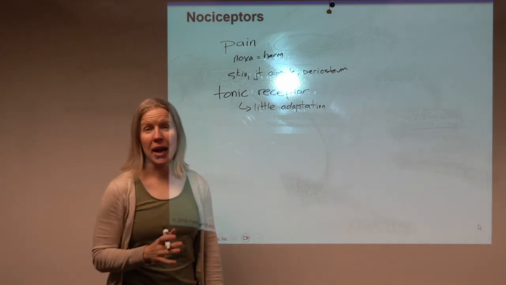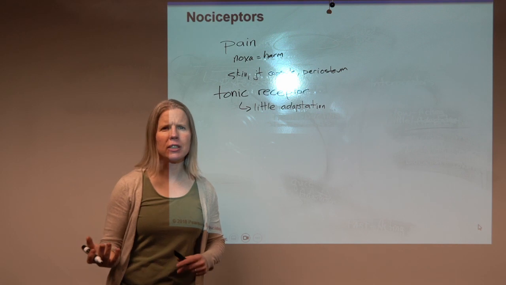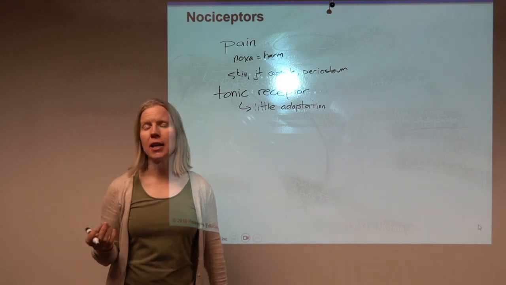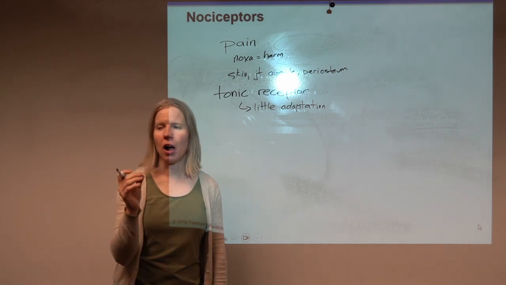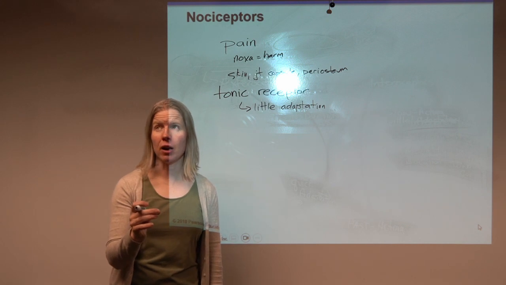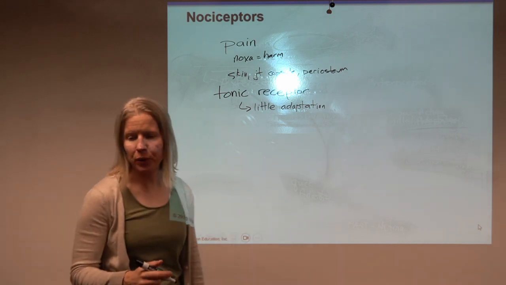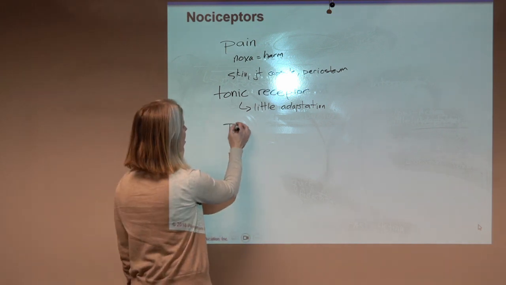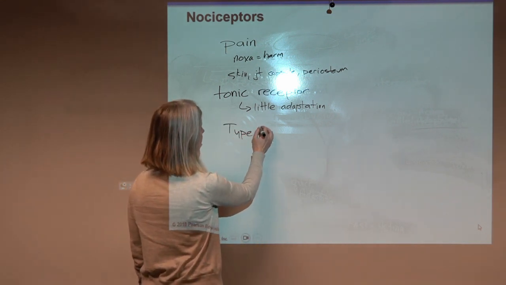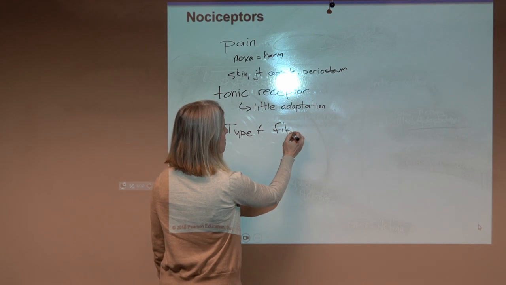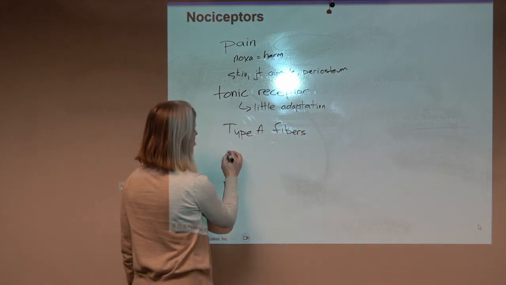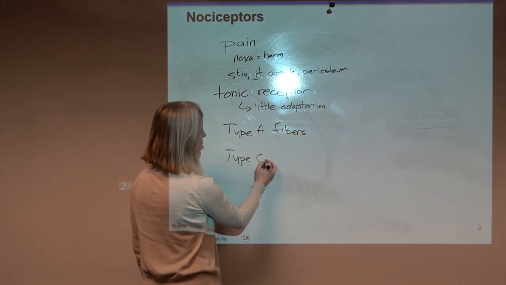When we talk about pain, we actually have different types of pain, and a lot of this has to do with what type of neuron is actually carrying that pain signal, right? So we talk about type A fibers and type C fibers.